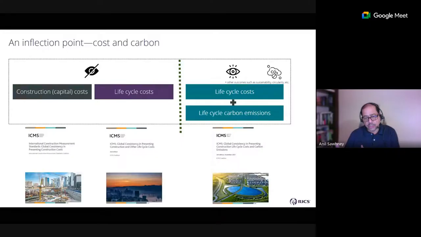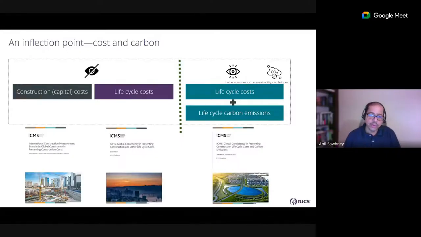But ever since 2021, when we launched the third edition in which we incorporated life cycle carbon emissions, made them transparent, because remember I said earlier that if you're checking whether your building is performing on your carbon targets or not, you've got to make it available to people. You need to report it. So you can't hide carbon emissions. So with the third edition, we overcame some of that hurdle and there is significant adoption of ICMS now.